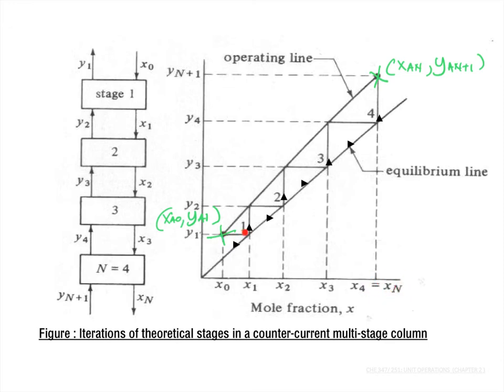To calculate this, you just count the horizontal lines: 1, 2, 3, 4. So there are 4 stages for this tray tower for the gas absorption column. That is how you calculate or design the number of theoretical stages for this column.